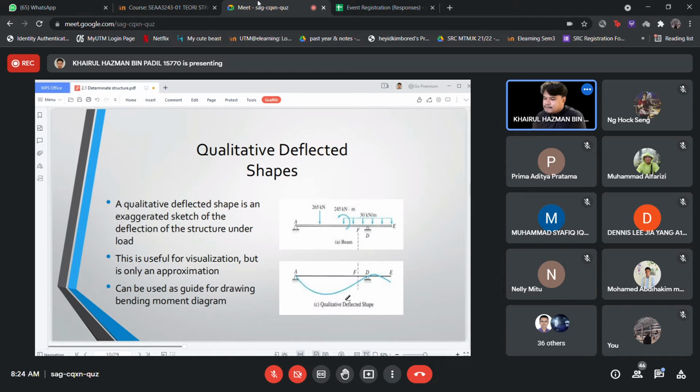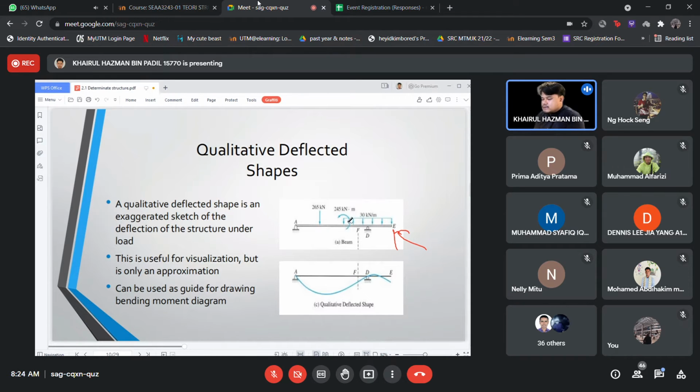When you look at a problem like this, first you need to imagine what will happen if you have this kind of external force acting on that structure. Obviously, if it is going down, it will go down, and then the rotation will rotate negatively, so it will go upward a little bit.